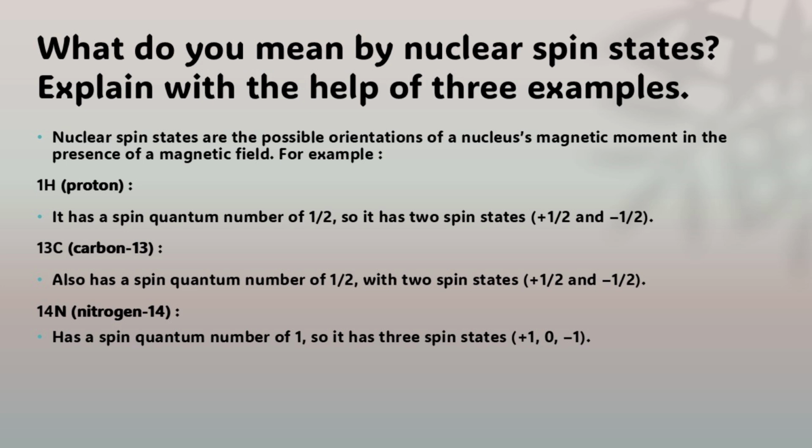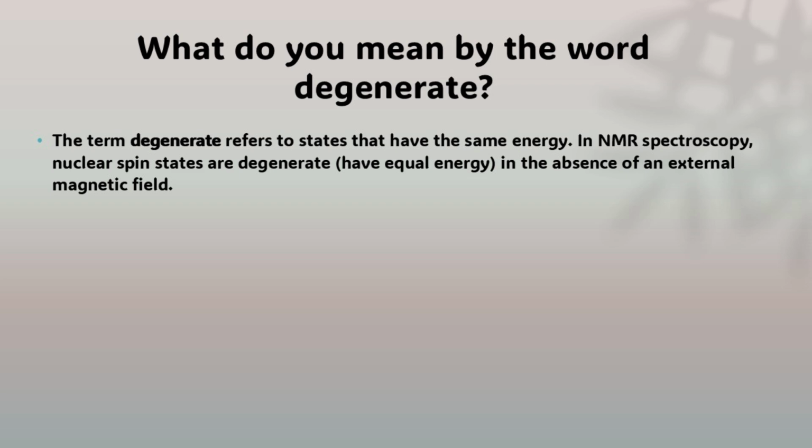C13, carbon-13, also has a spin quantum number of 1/2 with 2 spin states, plus 1/2 and minus 1/2. N14, nitrogen-14, has a spin quantum number of 1, so it has 3 spin states, plus 1, 0 and minus 1.